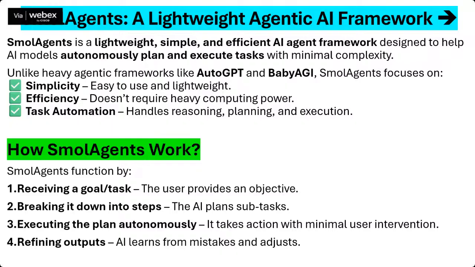It's a lightweight model, so everyone can use it, and it can fit all platforms. Everywhere you can build these small agents, guys. That's what we're going to do in the practical. Unlike heavy agentic frameworks like AutoGPT and BabyAGI, SmolAgents focus on simplicity, efficiency, task automation, and are easy to use and lightweight, and don't require heavy computing power.